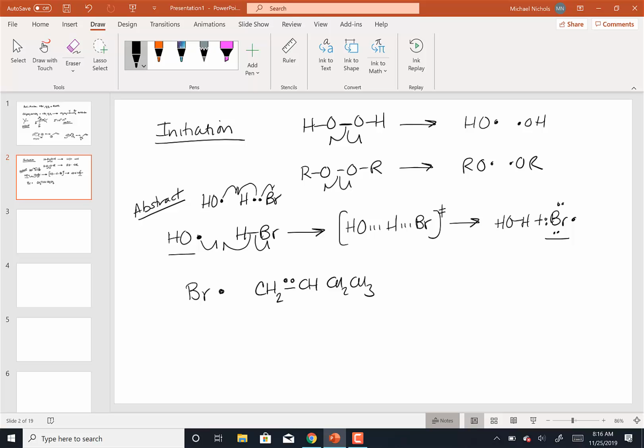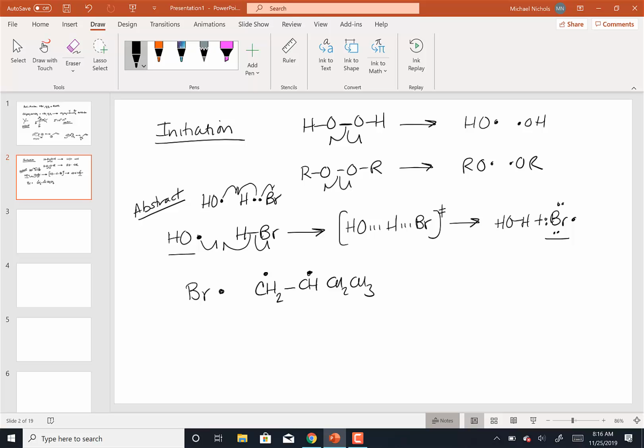So here's what can happen. I could take those two unpaired electrons and say, CH2, you get yours, and CH, you get yours. Now, this is not what happens, but I'm illustrating the choice that the bromine has.